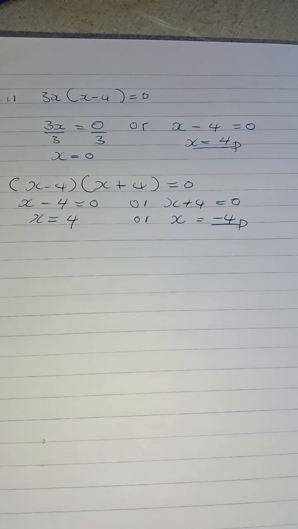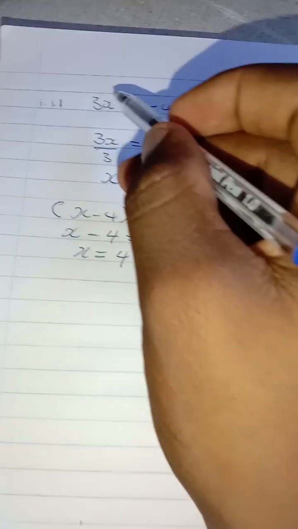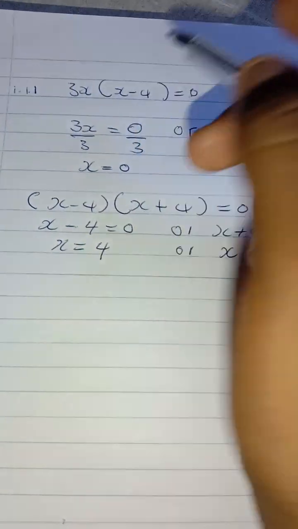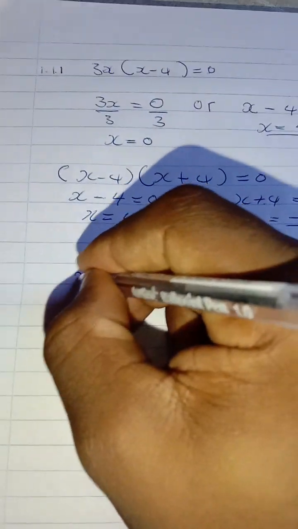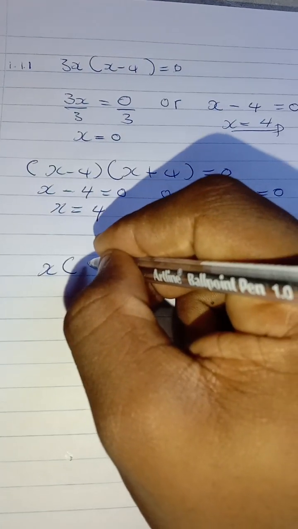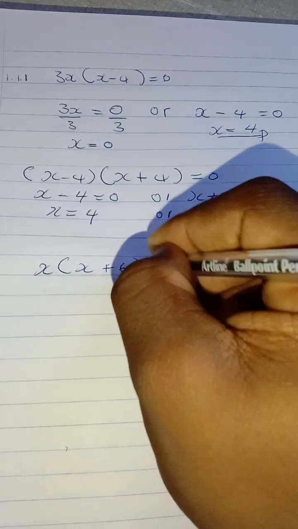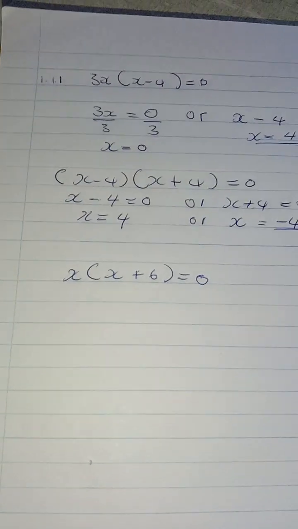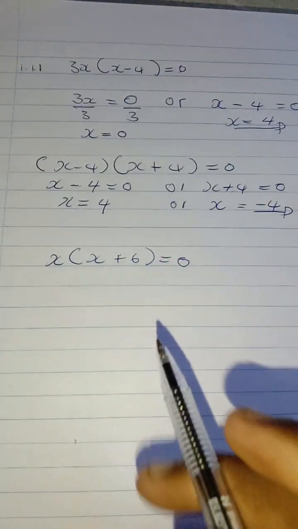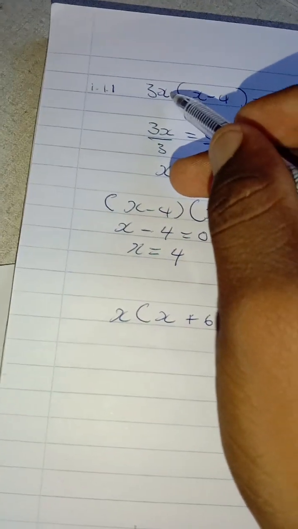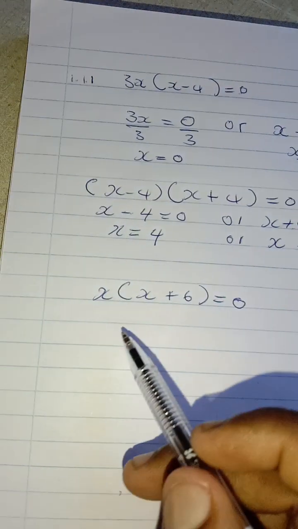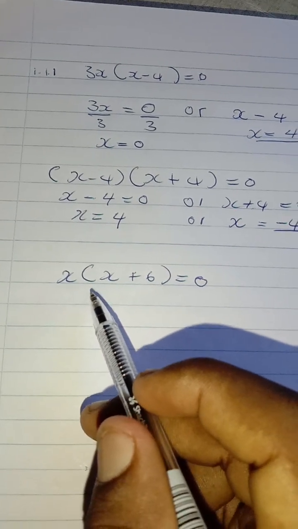So sometimes this thing can come like this: x into x plus 6 equals 0. This is 1.1.1. It is still the same thing as this, but here you are not going to divide anything.